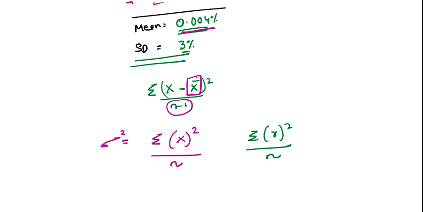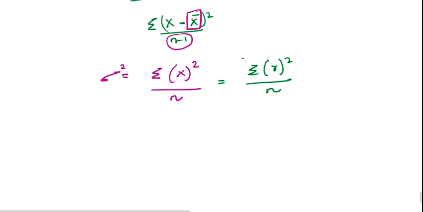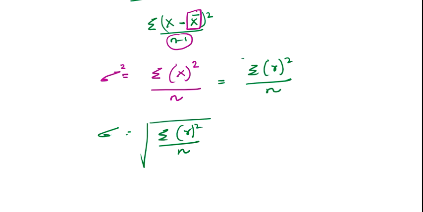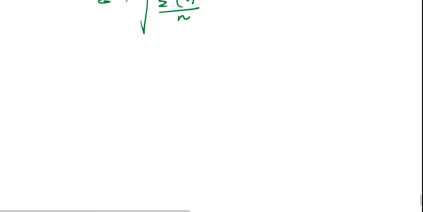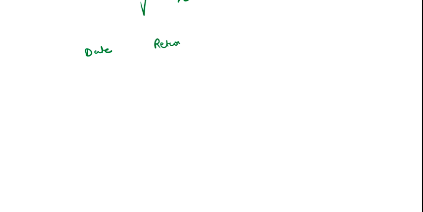The square of the return divided by n will become your variance, or if you want the standard deviation, it will be the square root of the summation of r square by n. Clear? Again let us see the example. Here you have the date, here you have the return. Now obviously we cannot find the variance and standard deviation from the return alone, we have to take return square.